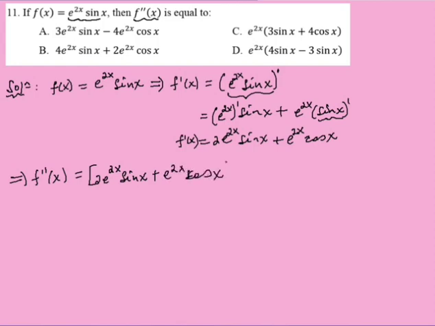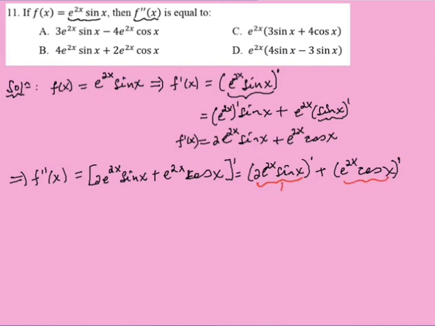So here this can be written as the derivative of 2 times e to the power of 2x times sine x, plus the derivative of e to the power of 2x times cos x. Here we have this expression and this one.